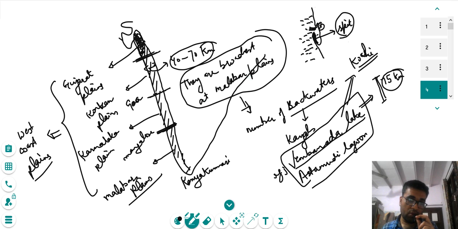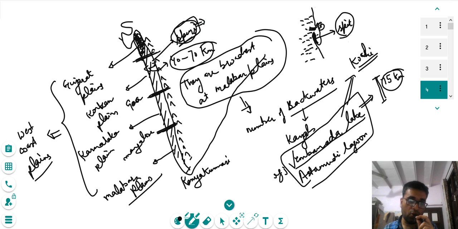And in this Konkan plains you have a number of spurs, and these spurs are nothing but the extension of the Western Ghats. Here you have Western Ghats, and these Western Ghats spurs extend up to the western coastal plains, and from these spurs very small streams descend.